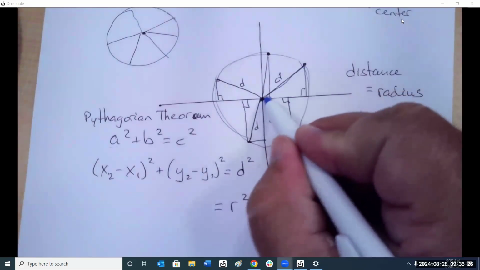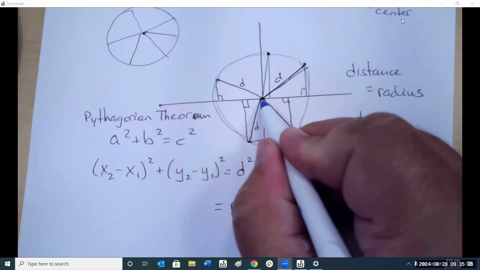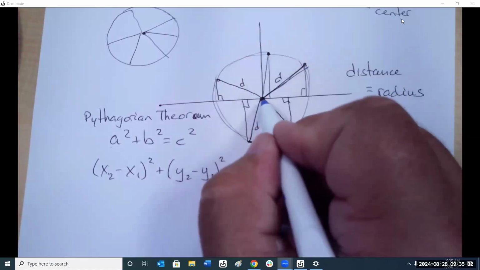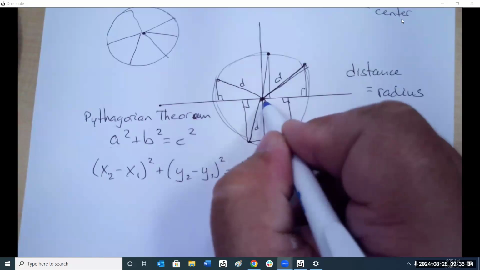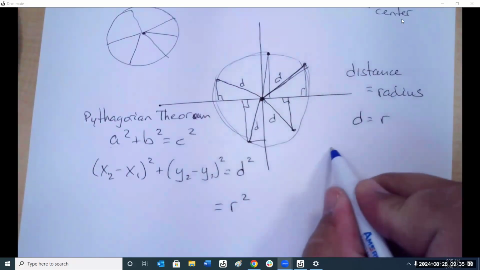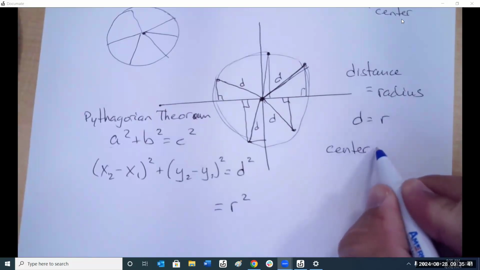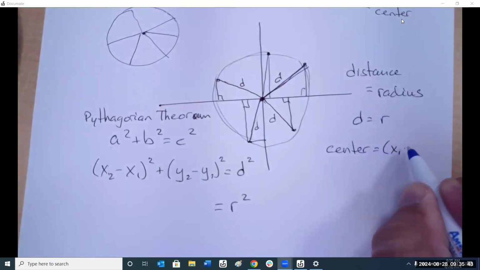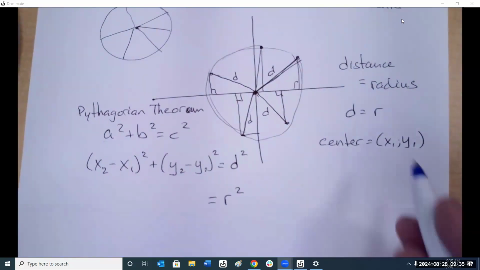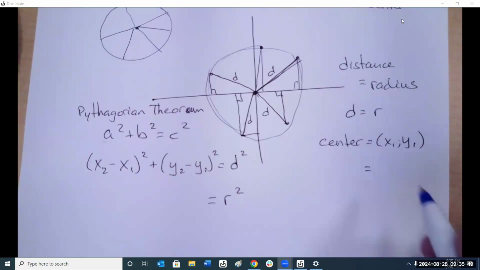Let's look at this line here. This is x1, y1. This is x2, y2. But you notice that x1, y1 is the same for all of these points. It's the center. Since it never moves, it's a fixed number.